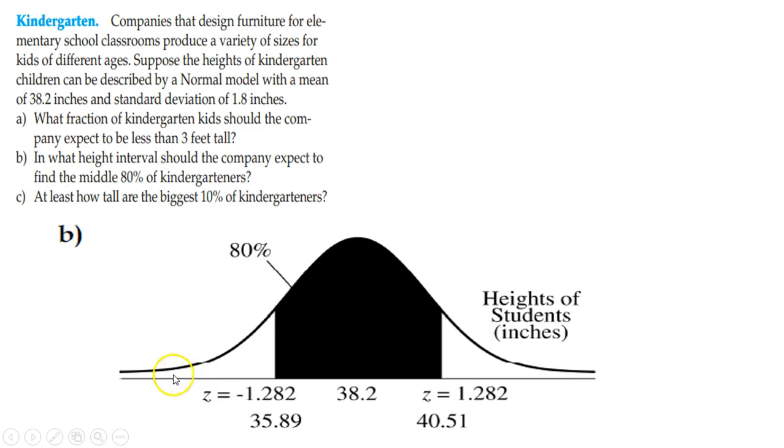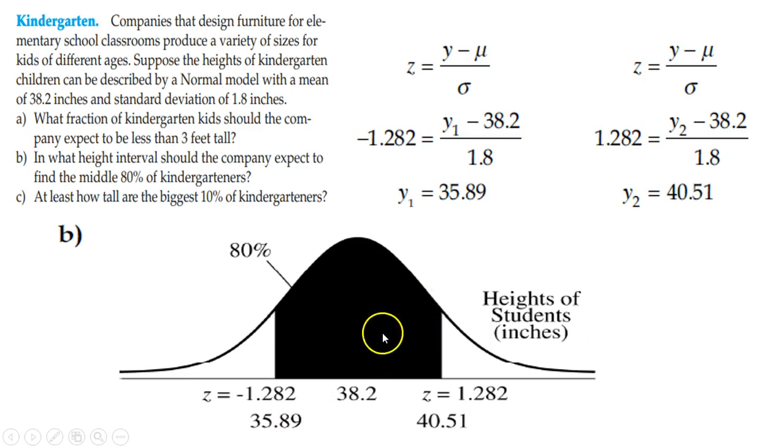And if I did inverse norm of 0.9, comma, 38.2, comma, 1.8, and now I'm looking at the middle numbers there, it says between those two numbers would end up being my heights, where the middle 80% would be.